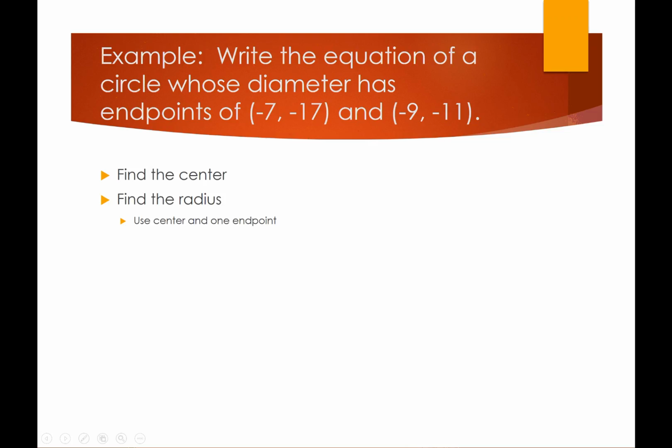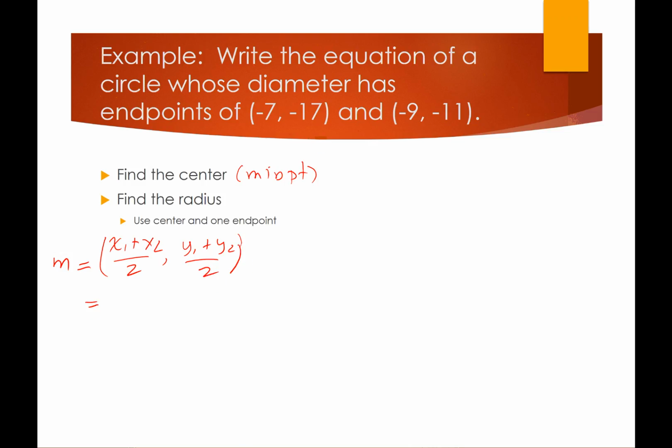So now if I have to write the equation of a circle whose diameter has endpoints of negative 7, negative 17, and negative 9, negative 11, I have to find the center, and then I have to find the radius. So to find the center, if that's my diameter, this would be our midpoint. So we're kind of reviewing some of those formulas that you might see on the SOL. So remember, the midpoint is going to equal x1 plus x2 divided by 2, and y1 plus y2 divided by 2.